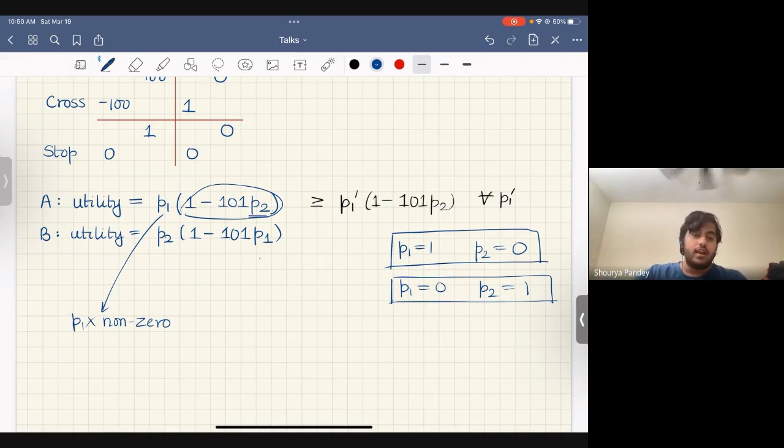So it'll be maximum at one of the extreme points. But then I've already eliminated that case.